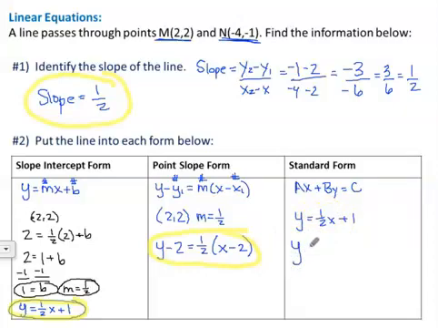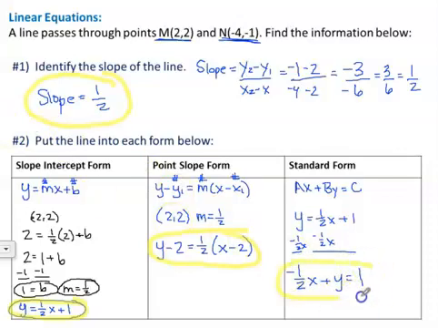I always want to put my x first. So I'm going to subtract this from both sides, and now I get negative 1/2 x plus y equals 1. And it's in standard form now.